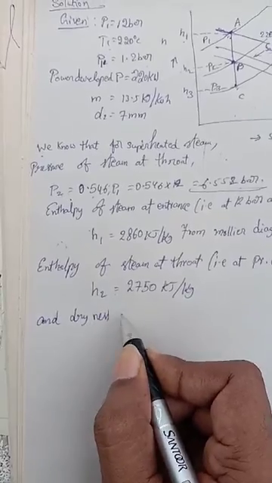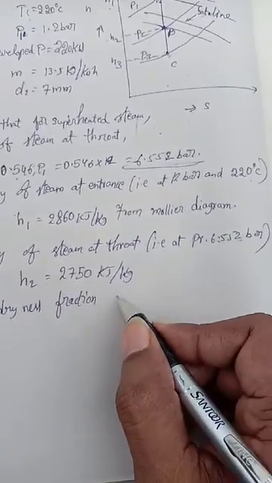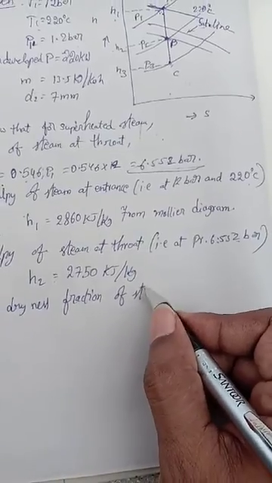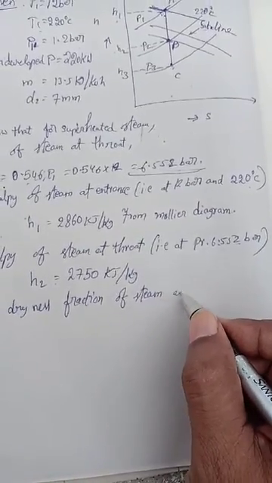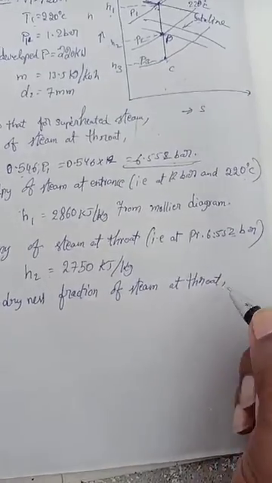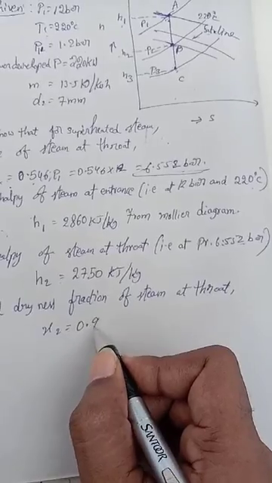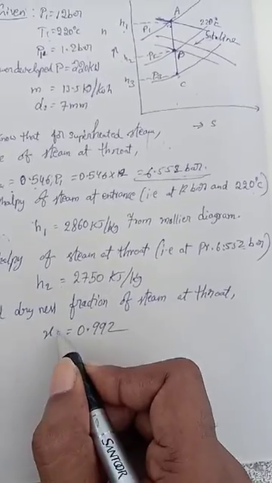And the dryness fraction of steam at the throat is x2 equal to 0.992.